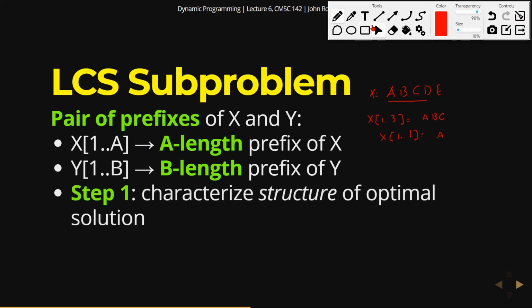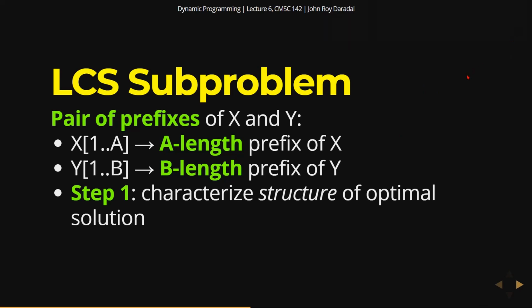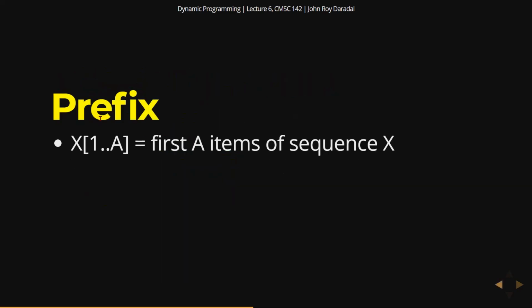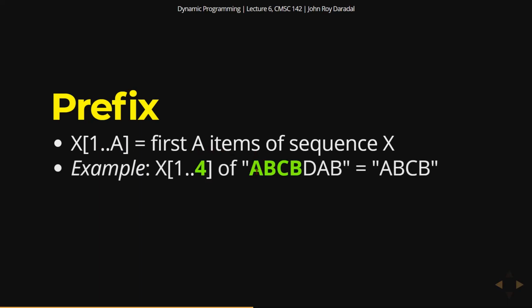And so after this, the first thing that we need to do is characterize the structure of the optimal solution. Okay, so how will the optimal solution look like? For the prefix x, we mentioned this already, no? x from 1 to a is the first a items of sequence x. So just like this, a, b, c, b is the first 4 items.